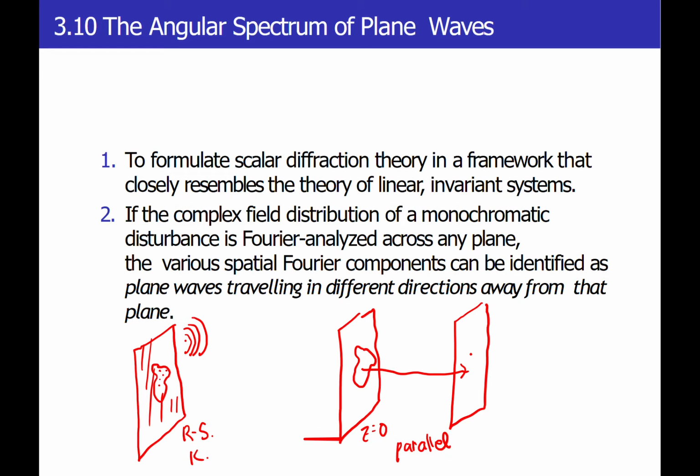And then what we are going to see is that there would be some kind of Fourier component here, let's say in kx, ky. And then, of course, it is propagated in this direction. So what we are going to assume here is that in each direction we have a plane wave, so that various spatial Fourier components can be identified as plane waves.